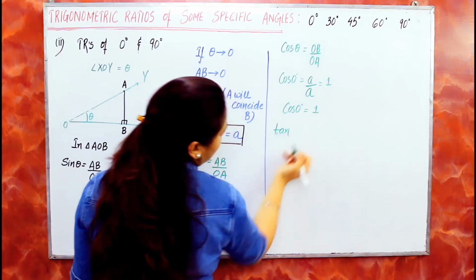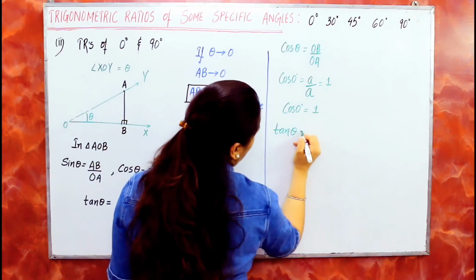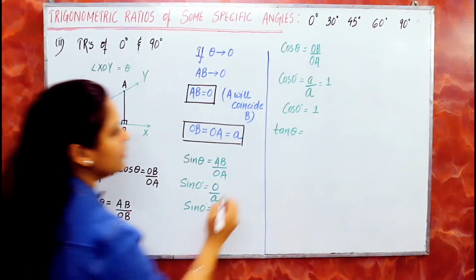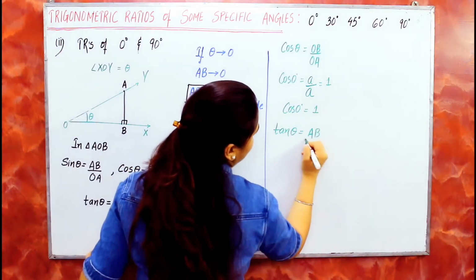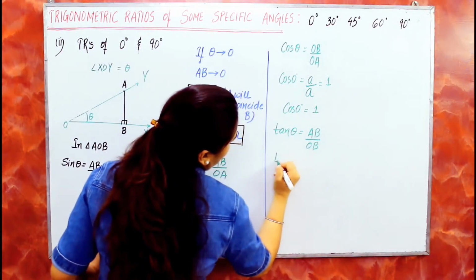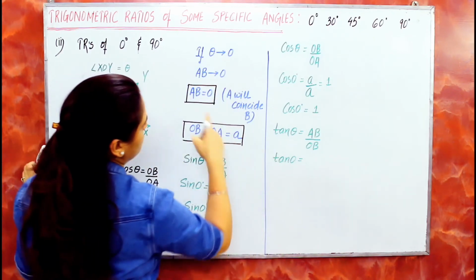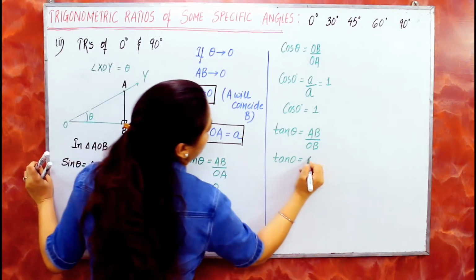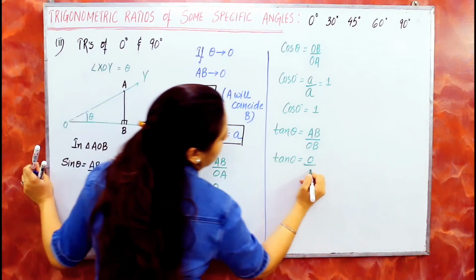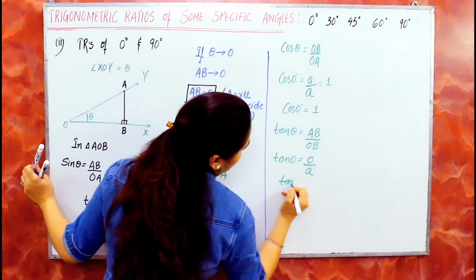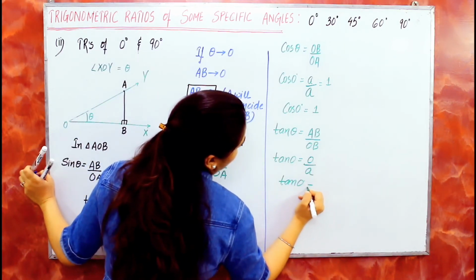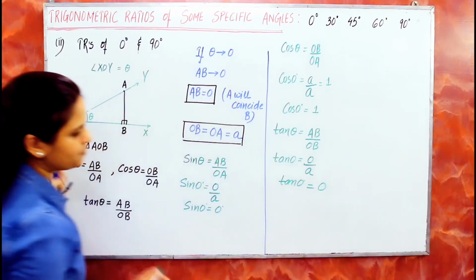And tan theta is equal to AB upon OB, and tan 0: AB is equal to 0 and OB is equal to a. So tan 0 is equal to 0.